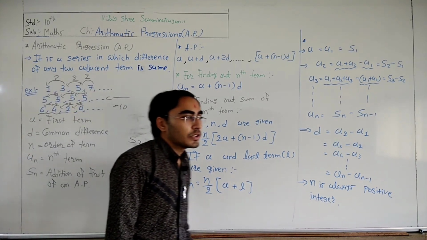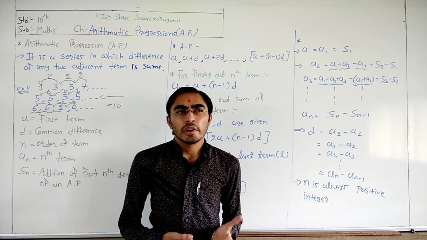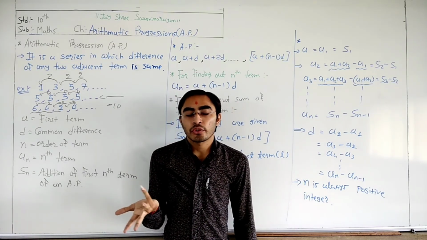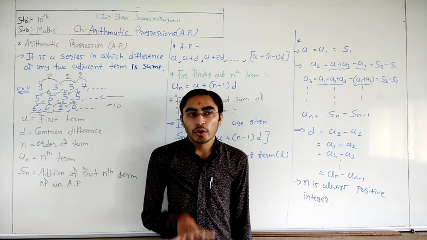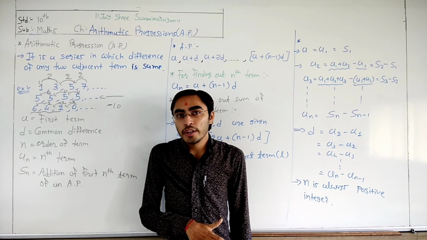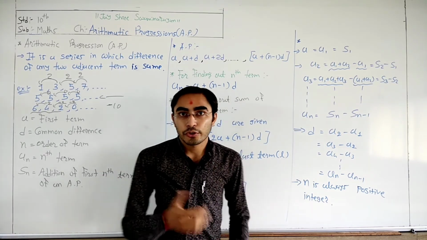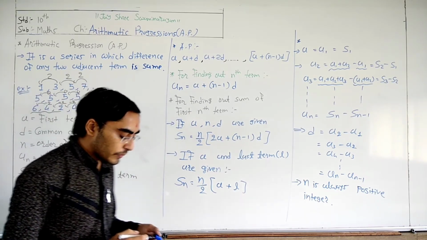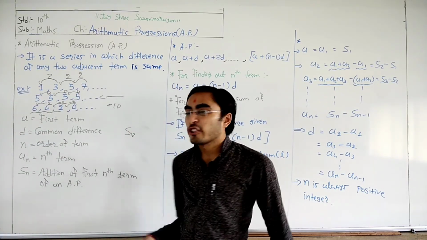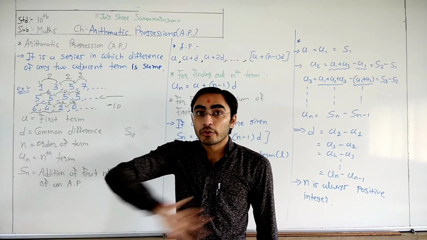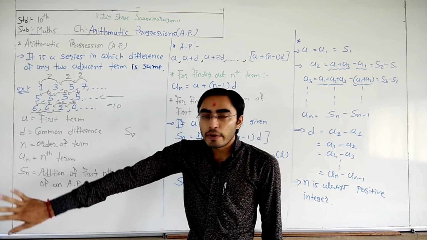In such a situation, for example in loan payment, if you want to find how much total loan amount I paid after 12 years, we can use S12. It is the addition of the first 12 terms, meaning the addition of your first 12 years.